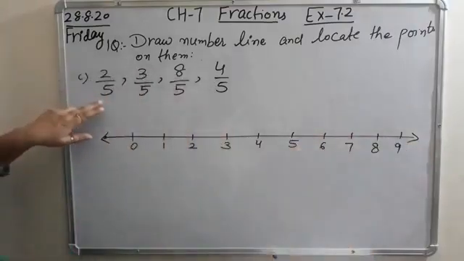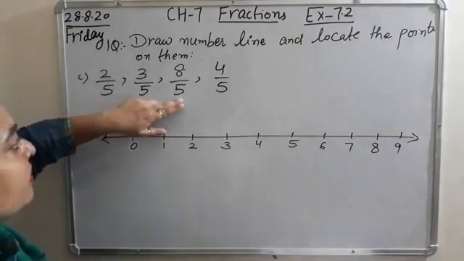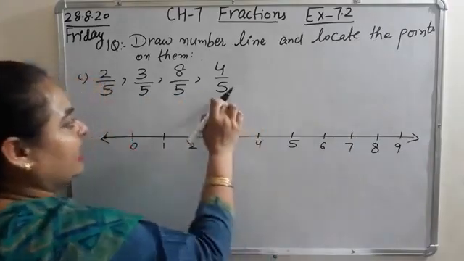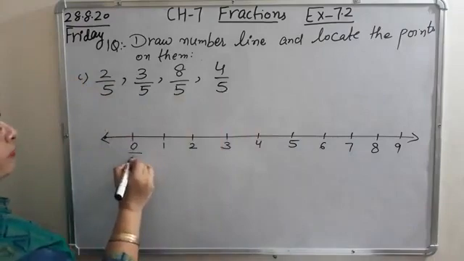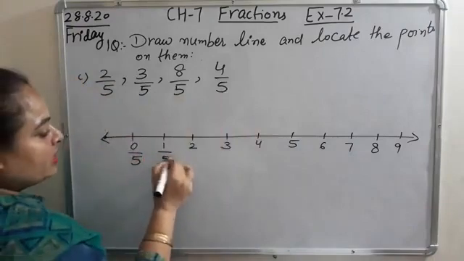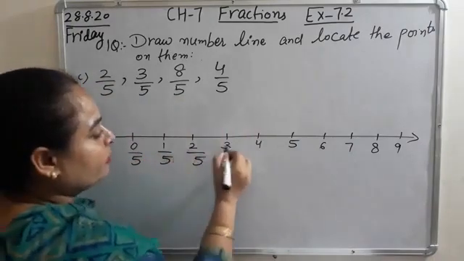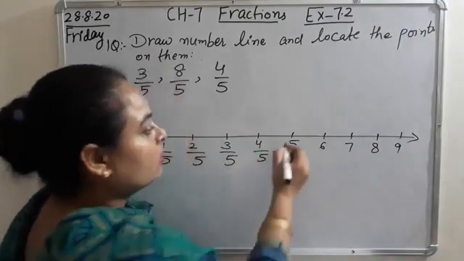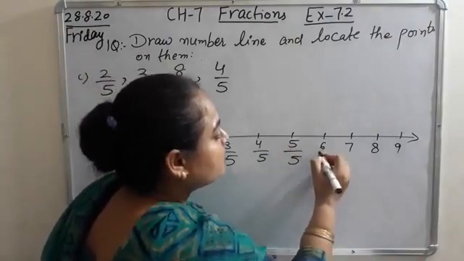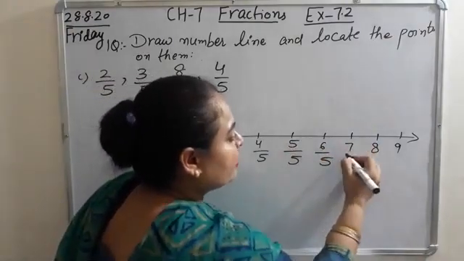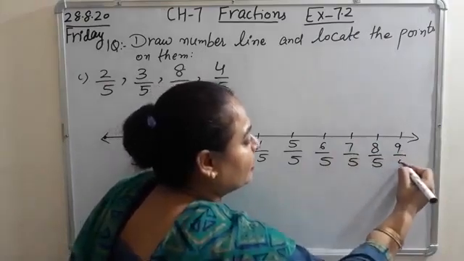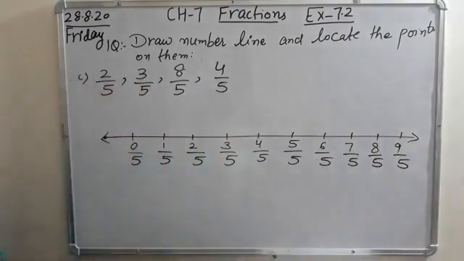Now, in all the fractions, denominator is 5. So, we will divide these numbers by 5: 0 by 5, 1 by 5, 2 by 5, 3 by 5, 4 by 5, 5 by 5, 6 by 5, 7 by 5, 8 by 5 and 9 by 5.